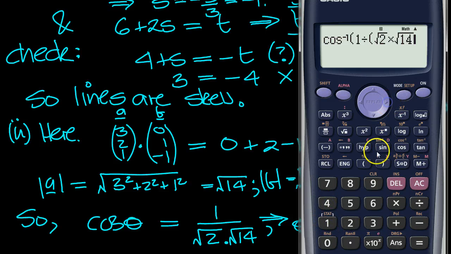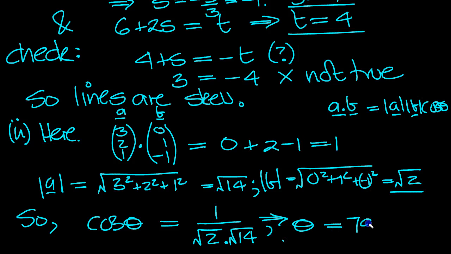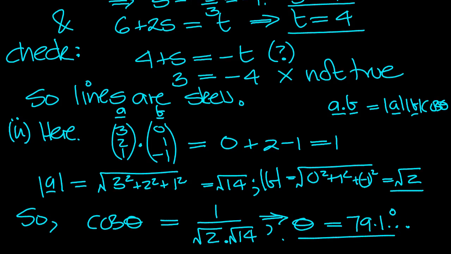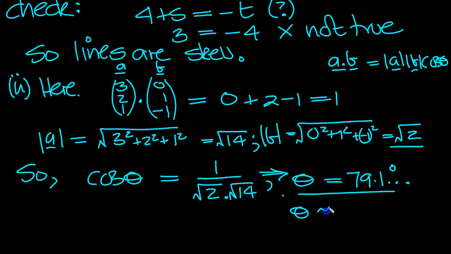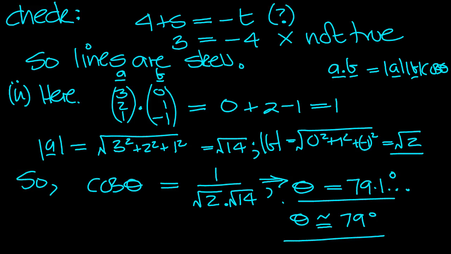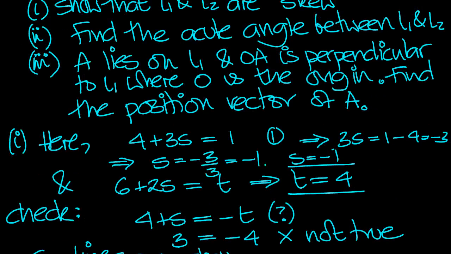That gives 79.1 degrees. So theta is approximately 79 degrees to the nearest degree. So that's the angle between the two lines, and it's acute, isn't it? So we've done part 2.